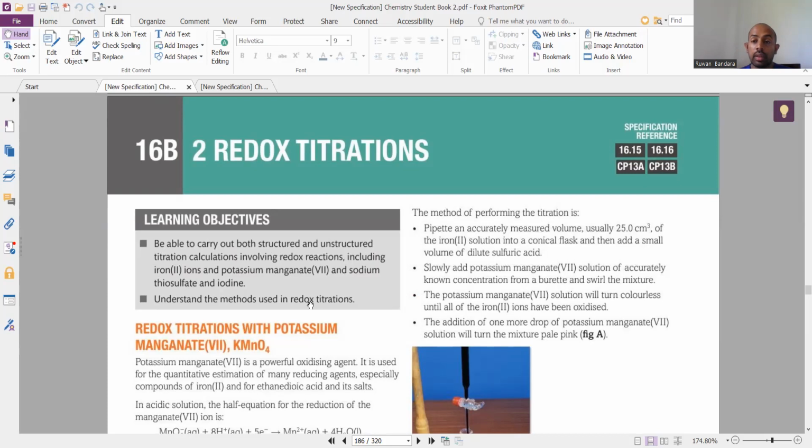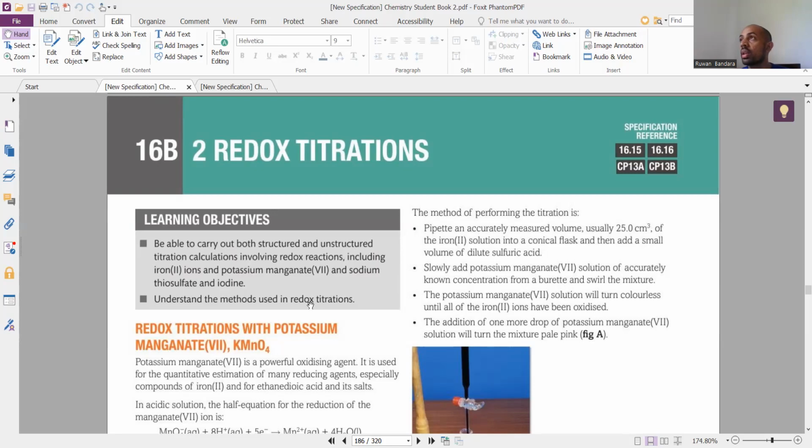But in the redox titration, there will be no neutralization reaction taking place. It's a redox reaction again. And more importantly, in some titrations you don't have to use an indicator.